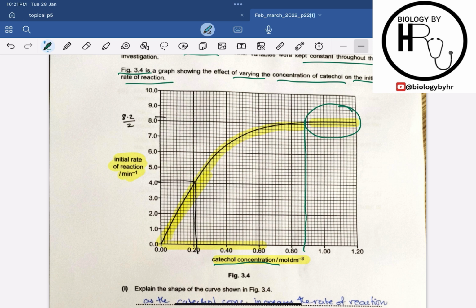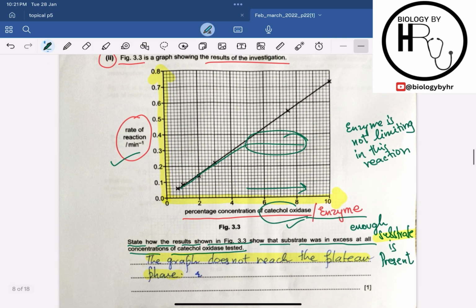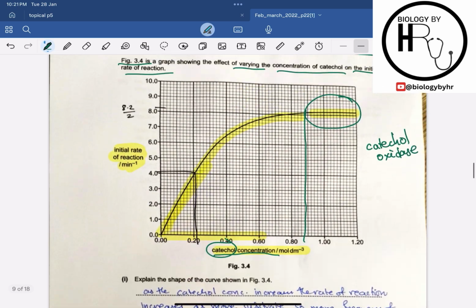There may be some other factor now which is limiting, maybe the concentration of the catechol oxidase, which is the enzyme of the catechol discussed over here, may be limiting now, right?